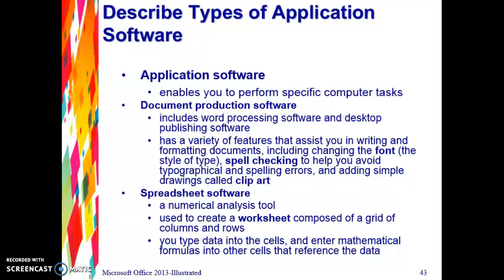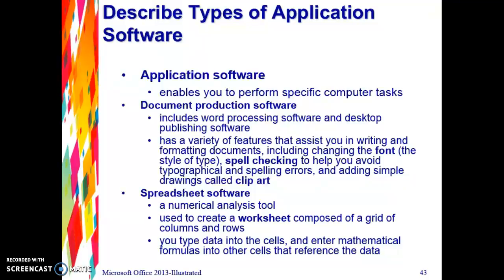So that's kind of where we're picking up, kind of where we left off, so to speak, with last week's material. So this week, when we look at the different types of application software, keep in mind that when we're referring to applications, these are just specific tasks. So these are things that allow you to do specific tasks.